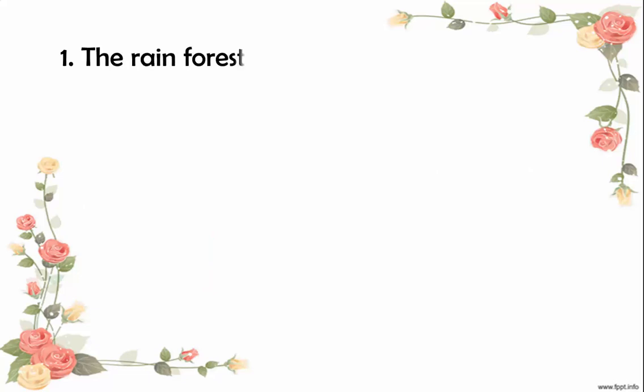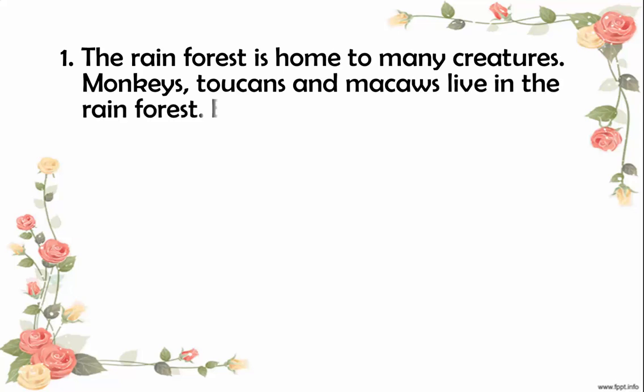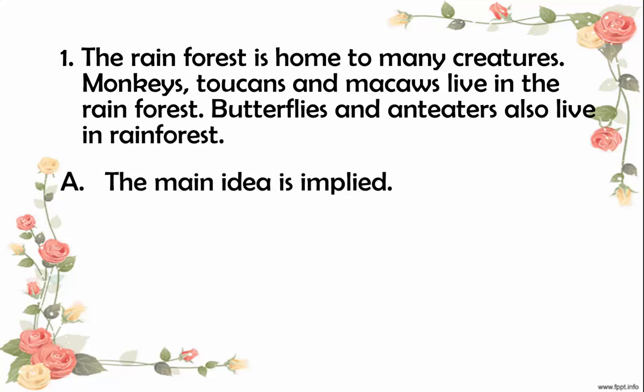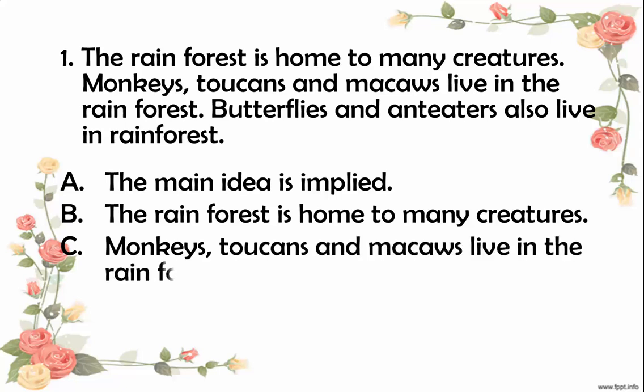The rainforest is home to many creatures. Monkeys, toucans, and macaws live in the forest. Butterflies and anteaters also live in the rainforest. A. The main idea is implied. B. The rainforest is home to many creatures. Monkeys, toucans, and macaws live in the rainforest.